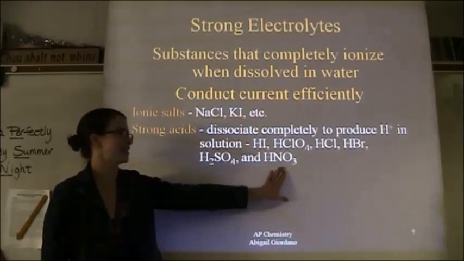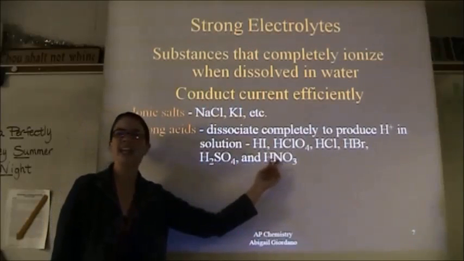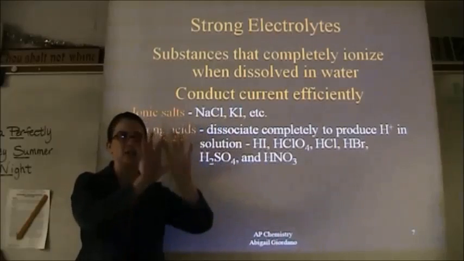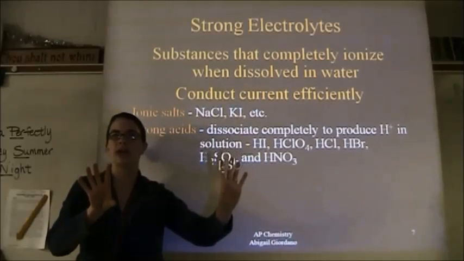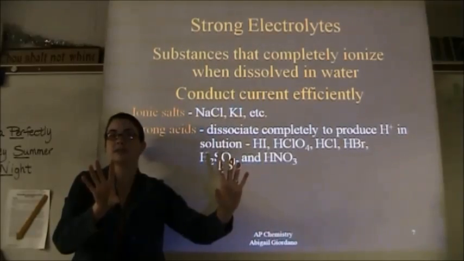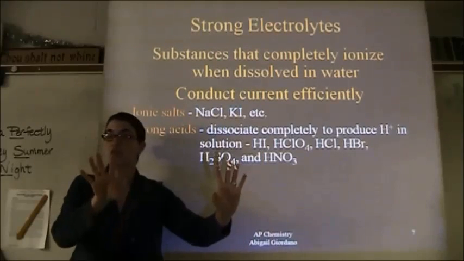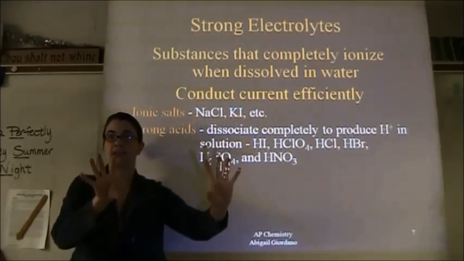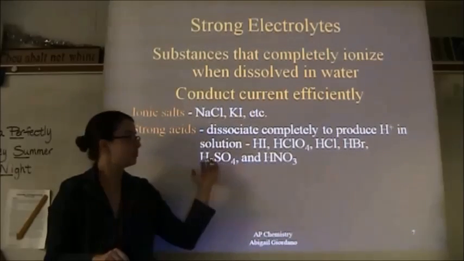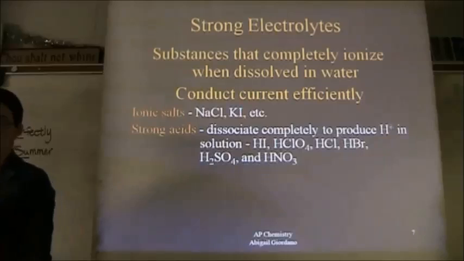Thank you, nitric acid. When this ionizes into its 2 ions, what do you get? What are those 2 ions? Not a trick question. H plus and nitrate. These things ionize very well.